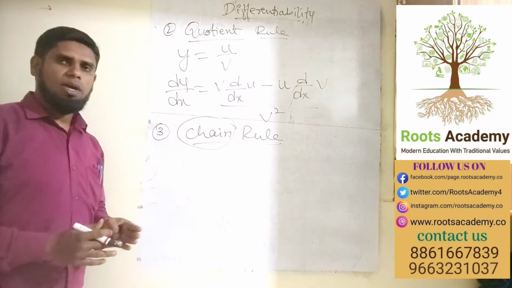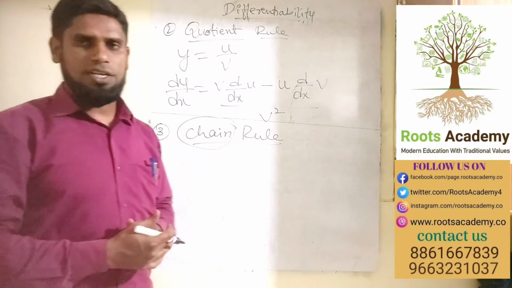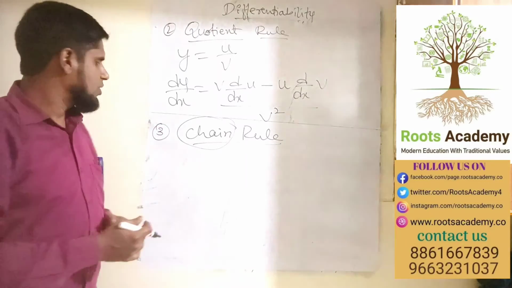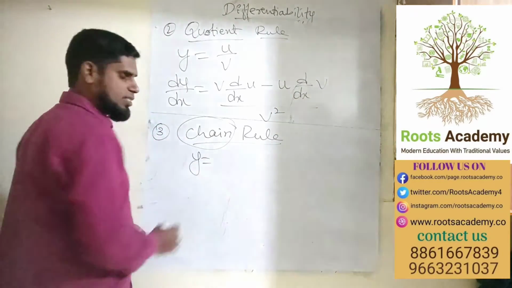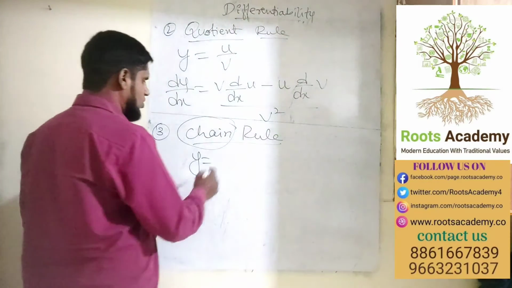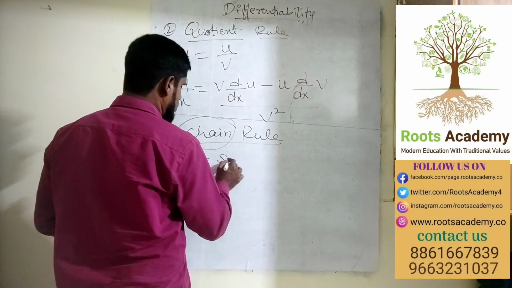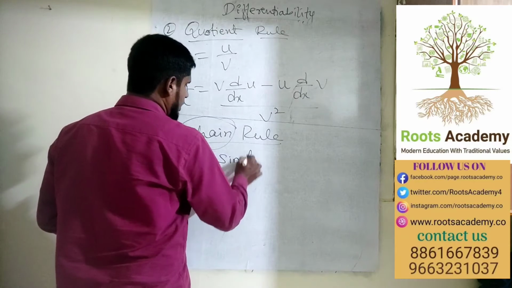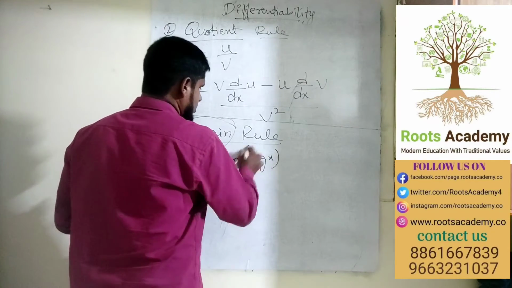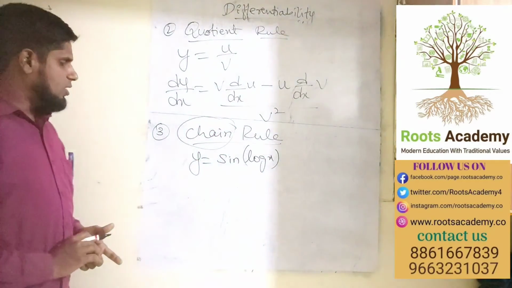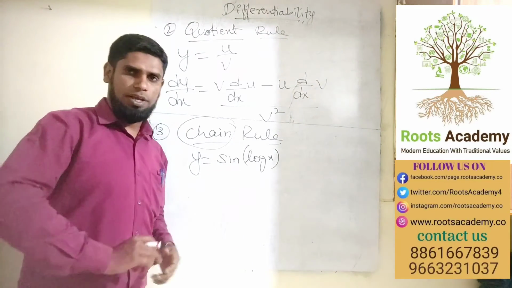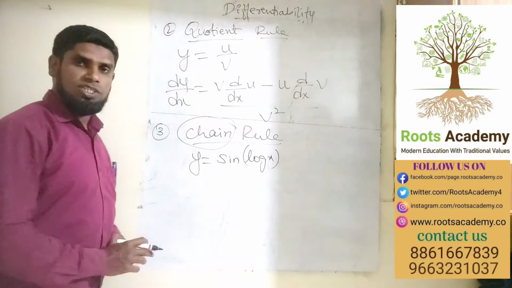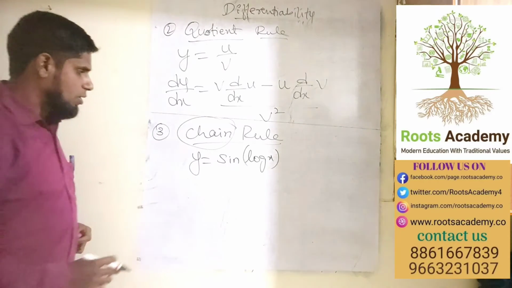And in chain rule, we should continuously differentiate. We will get the answer. For example, if I have a function y is equal to sine of log x, we should differentiate this with the help of chain rule only. This we cannot differentiate using product rule.